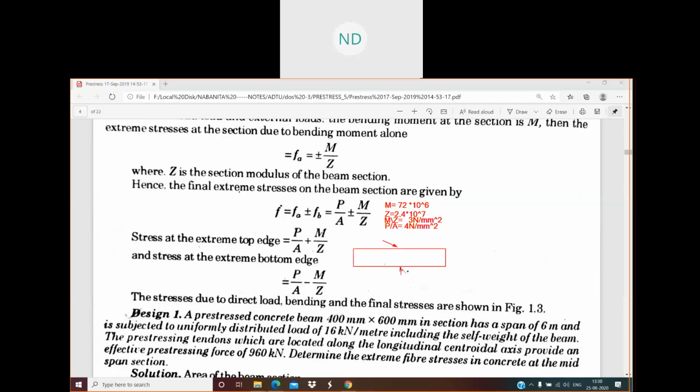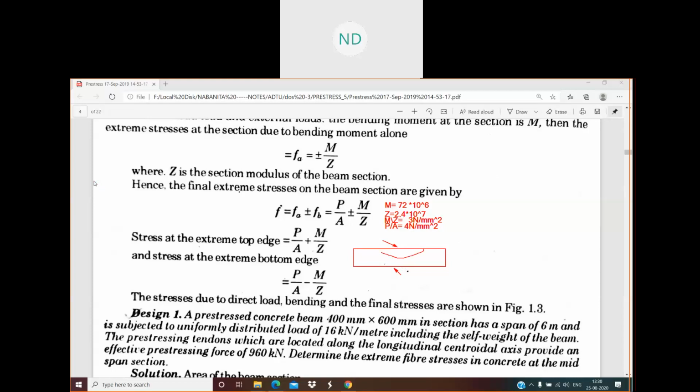At the top it is P by A plus M by Z, because this is going to be under the compression zone. This is the compression zone, this is the tension zone. So at the top, our extreme fiber stress will be how much?